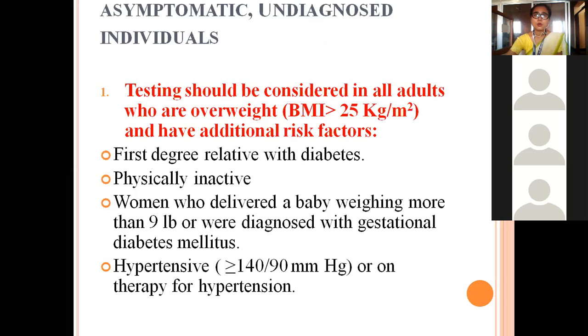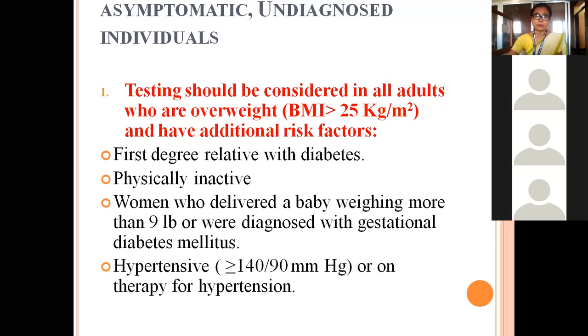For asymptomatic individuals, testing should be considered in all adults who are overweight, that is, if the BMI is greater than 25 kg per meter square and they have additional risk factors like a first degree relative with diabetes. First degree relative means, suppose my parents have diabetes, then even I am at risk, so I should do the test.